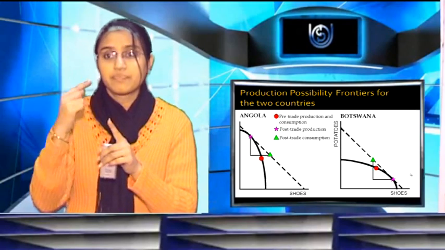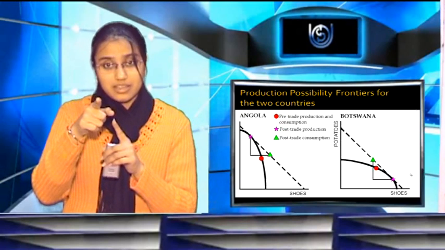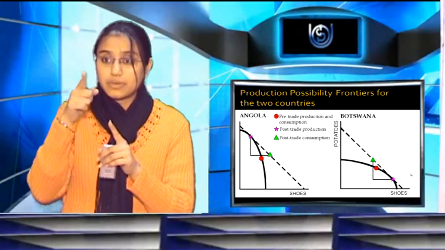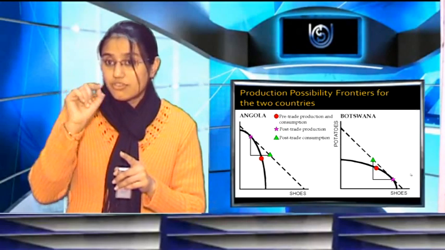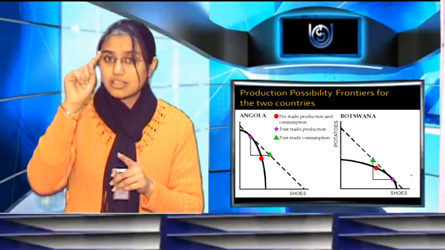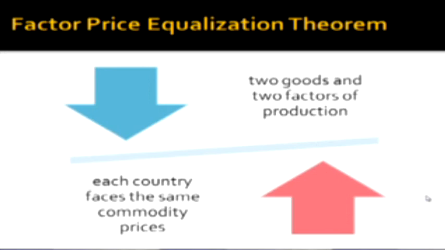The same happens with country B. In that case, the shoe demand increases in A, and likewise the potato demand is going to increase in country B. We can see the green triangle mark showing the new production possibility point for both countries.